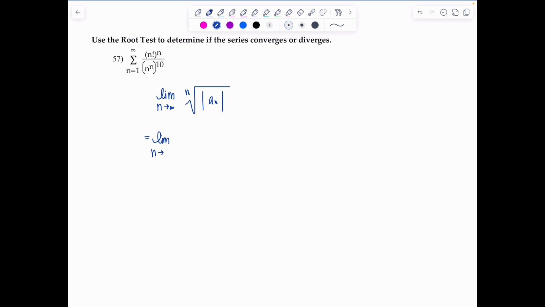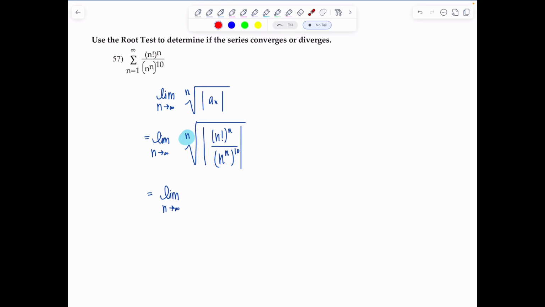So now we have limit n goes to infinity, nth root of the absolute value of n factorial to the n over n to the n to the 10th. Okay. Now remember, when you take the nth root of something, that's the same as raising it to the 1 over n. I don't know if you need to write that out and remind yourself or if you've got it under control.